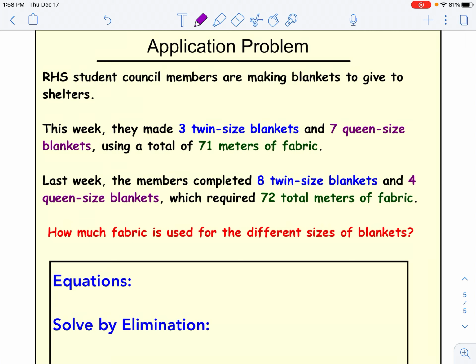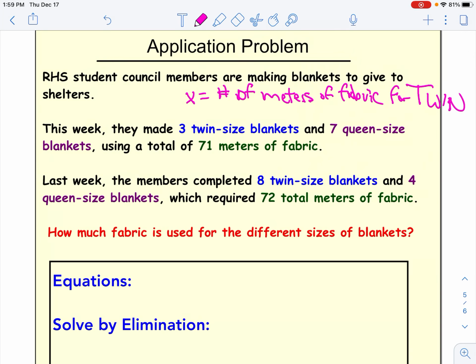And this would be kind of a tough one to guess and check. So let's let X be equal to the number of meters of fabric for the twin size blankets, okay?